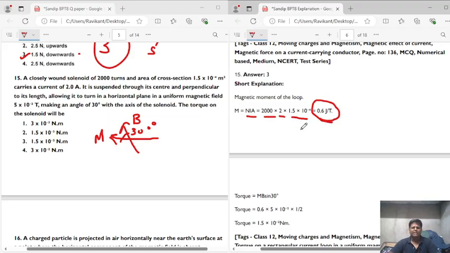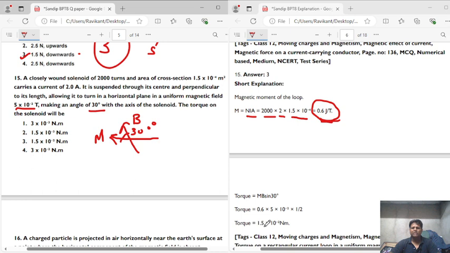We know the formula for torque is MB sine theta. B is given as 5 into 10 to the power of minus 2 Tesla, and M we have calculated as 0.6 joule per Tesla, and theta is given in the question itself as 30 degrees. So putting the values, M is 0.6, B is 5 into 10 to the power of minus 2, and sine 30 is 1 by 2.